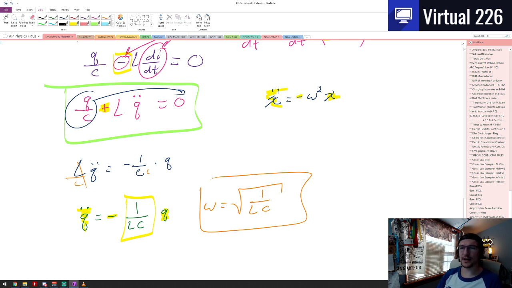If you're setting this up and you accidentally went through the Kirchhoff loop and, let's say, forgot to make that positive and left it negative, what you'd find at the end is that this would just be positive, and you'd be like, let's make it negative. I missed a negative somewhere. Classic little physics trick.